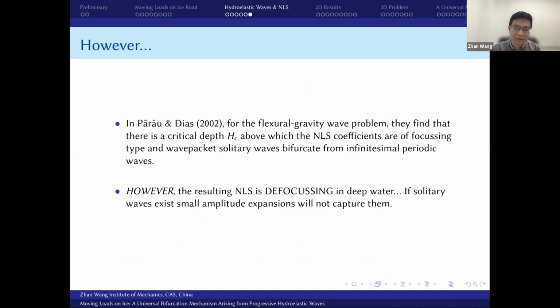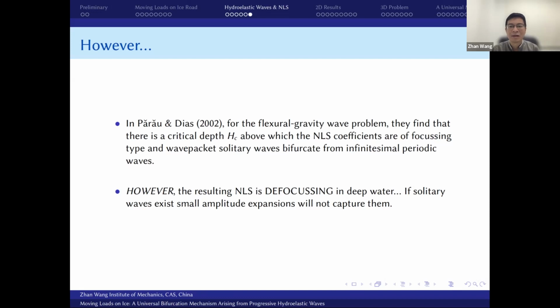And in 2002, Părău and Dias studied the flexural-gravity wave problem from a weakly nonlinear theory. And they found that there is a critical depth, HC, above which the coefficients are focusing type, and the wavepacket solitary waves bifurcate from infinitesimal periodic waves.